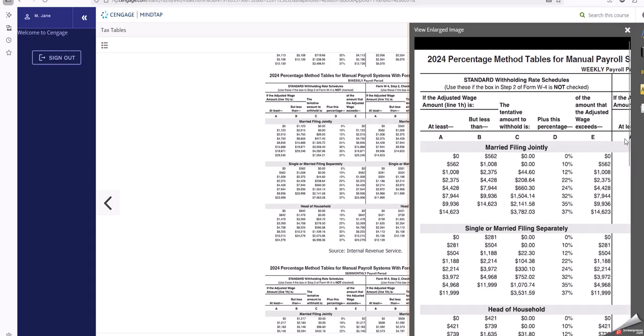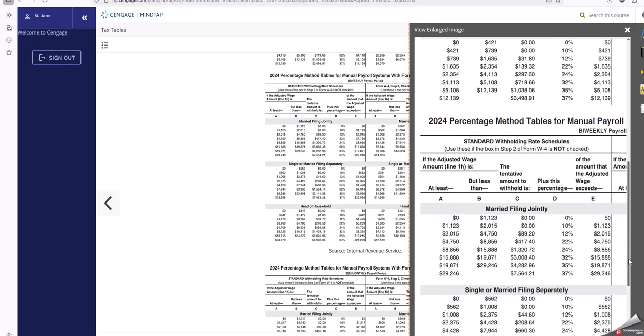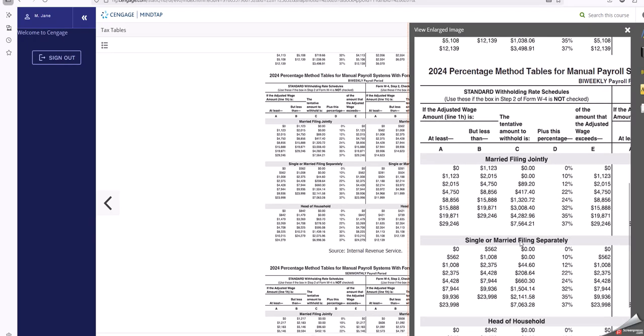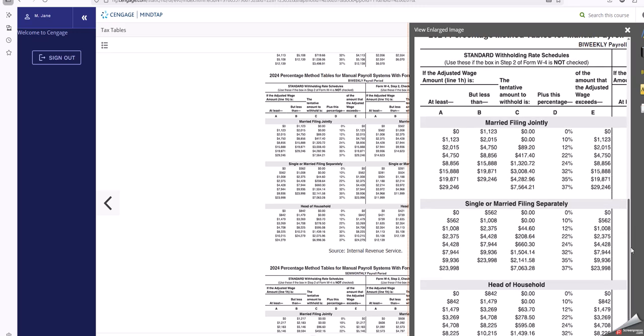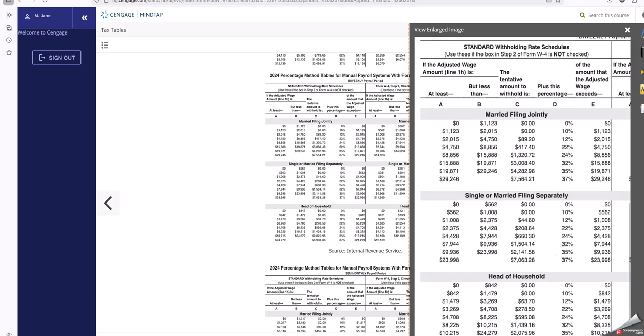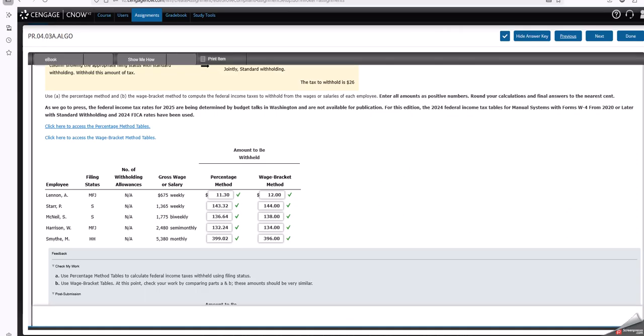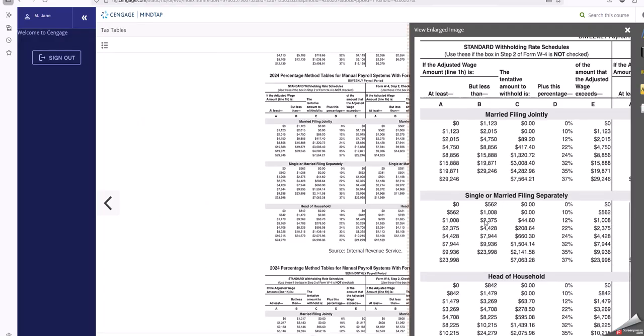Okay, so I gotta go down. All right, so there's biweekly, and we go down to single, and then again we say they are $1,775. So they're going to fall into this third category.